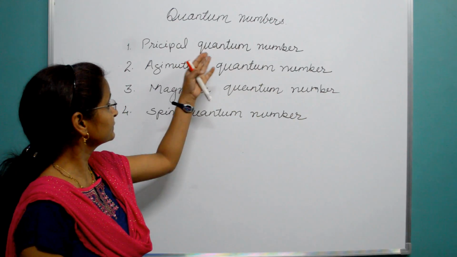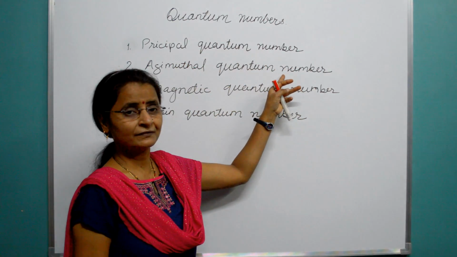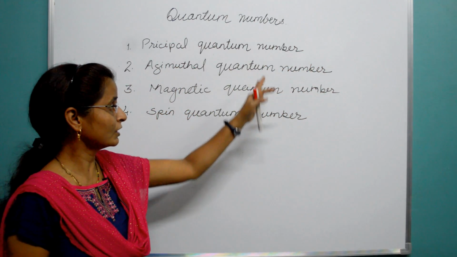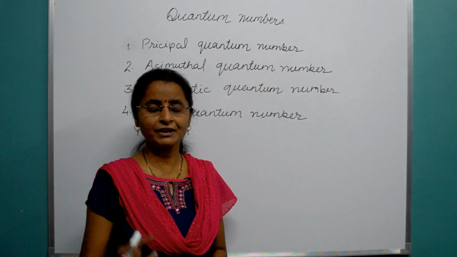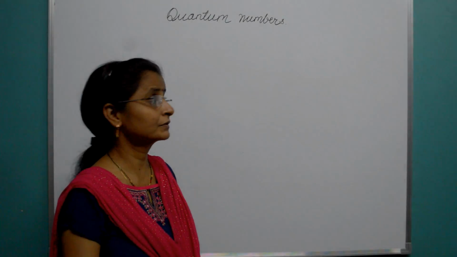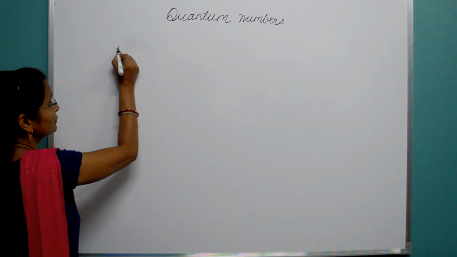With the help of the first three quantum numbers, we can specify the orbital, and with all four quantum numbers we specify the position of the electron. Now let's discuss first the principal quantum number.